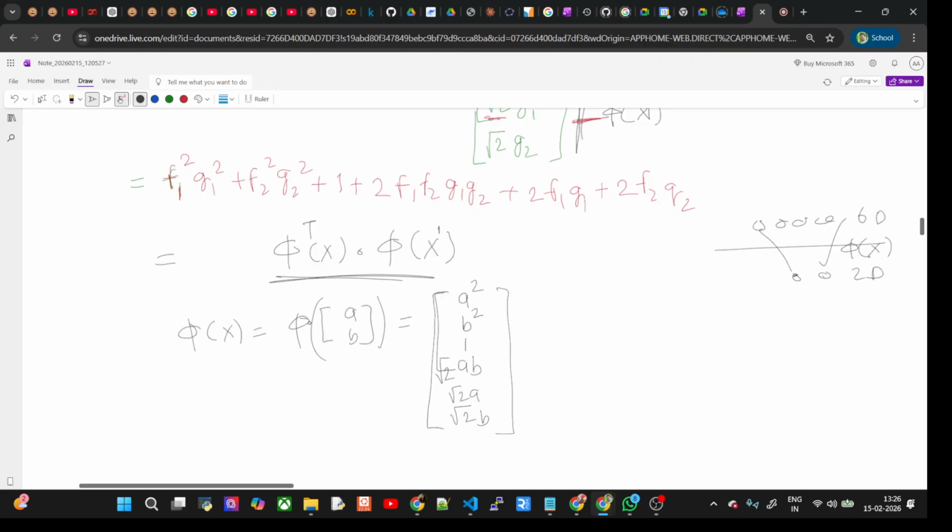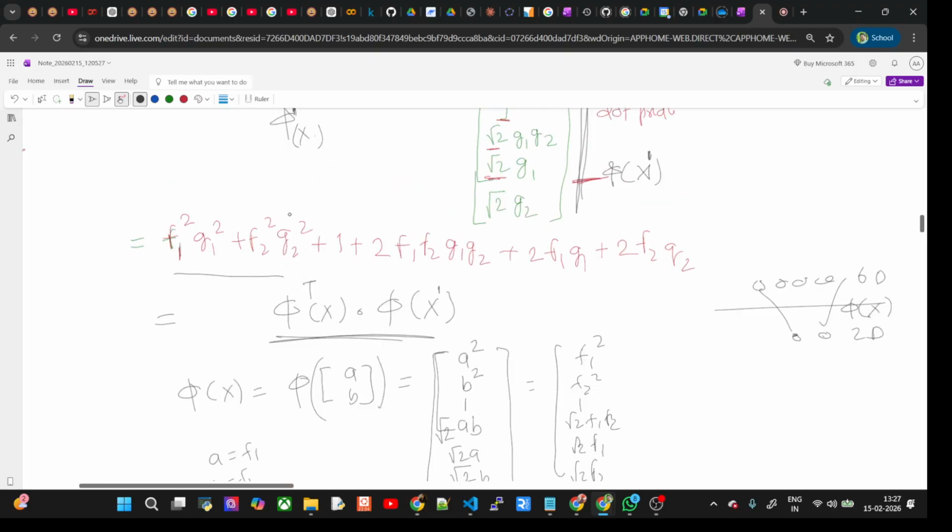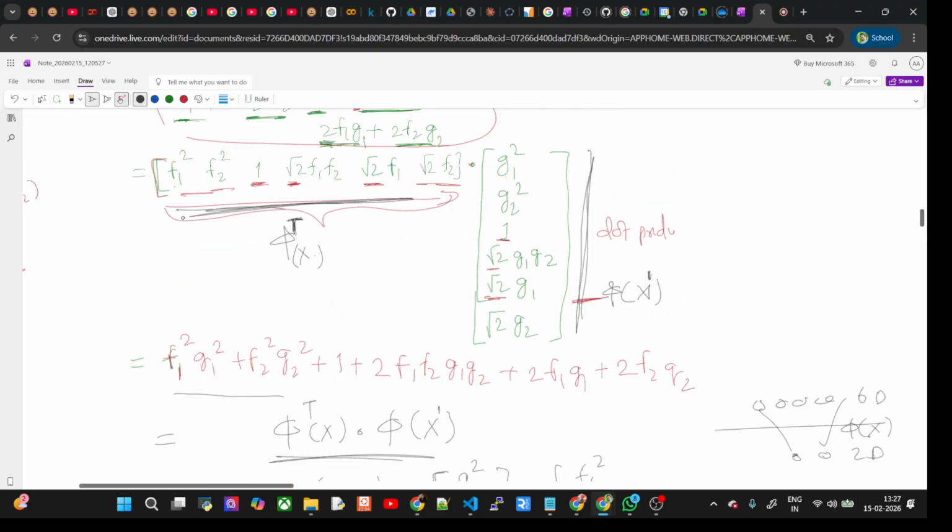If you put a equal to f1 and b equal to f2, you will get f1 square, f2 square, 1, under root of 2 f1 f2, under root of 2 f1 and under root of 2 f2. These are the phi of x you will get, and if you put g1 g2, you will get this value for phi of x prime.